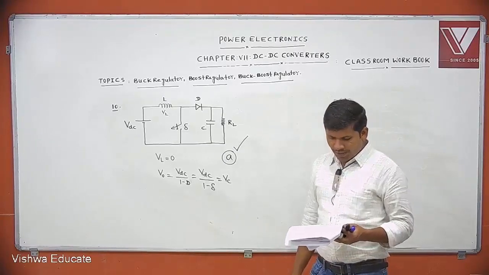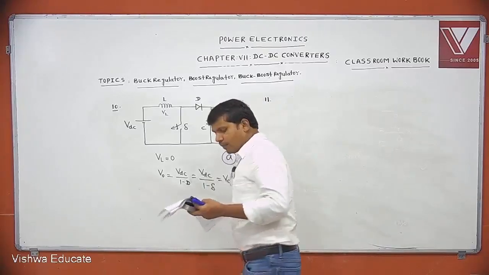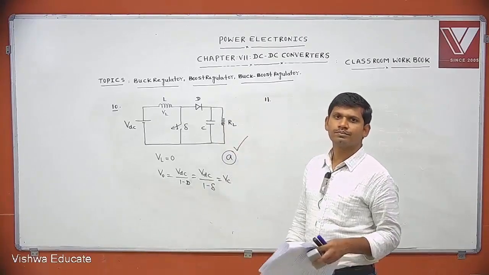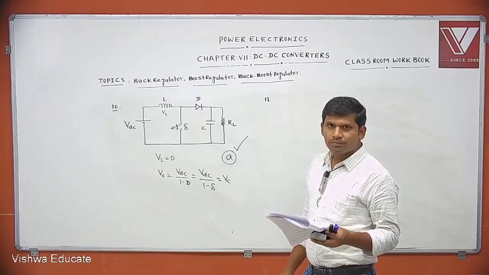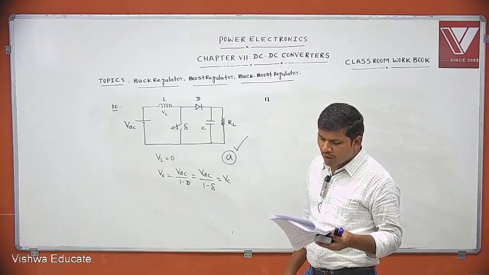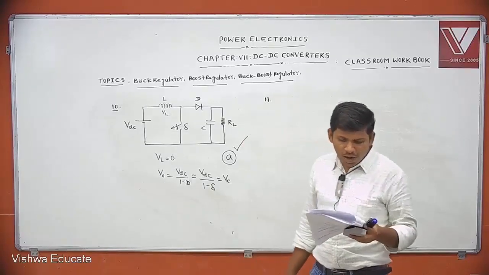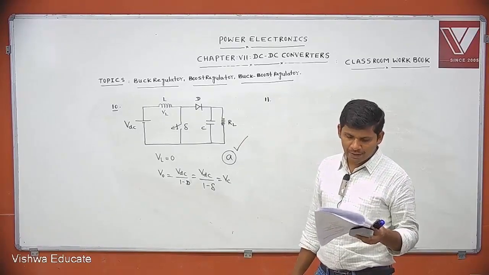See question number 11. For the switching converter shown in the following figure, assume steady state operation. Also assume that the components are ideal.